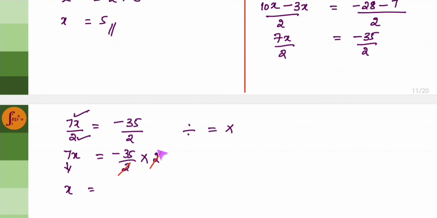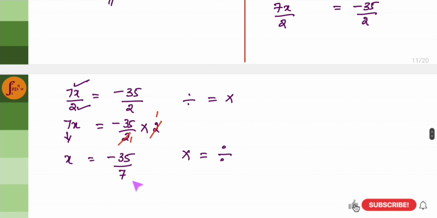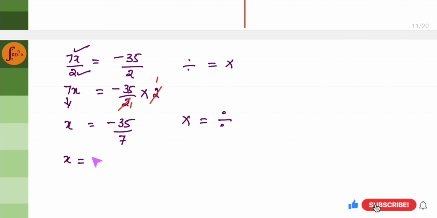This 2 and 2 will get cancelled, right? So we'll have minus 35 and we'll have to shift 7 here. Now this 7x is nothing but 7 into x. So when you shift, it's going to be under division. Multiply is going to become division. And this is in the numerator, so it's going to go into the denominator. So x is equal to minus 35 by 7. Now on cancelling, 7 fives are 35, we're going to get x is equal to minus 5.